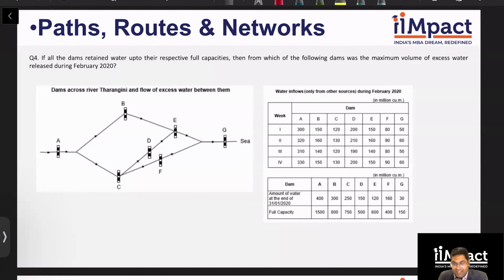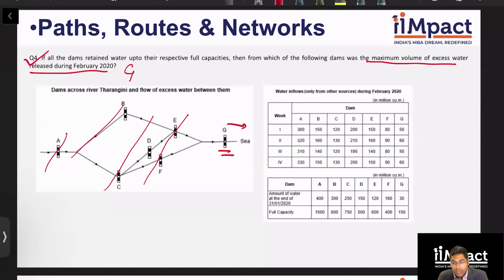If you see, the complete network's accumulation is happening into one single dam, from where the release is happening into the sea. So I don't really care about what is happening in the network. If they're just asking me what is the maximum volume of excess water released from a specific dam, it will be G. I don't need to solve this question, because whatever is the excess in the network will eventually come to G and overflow from that.